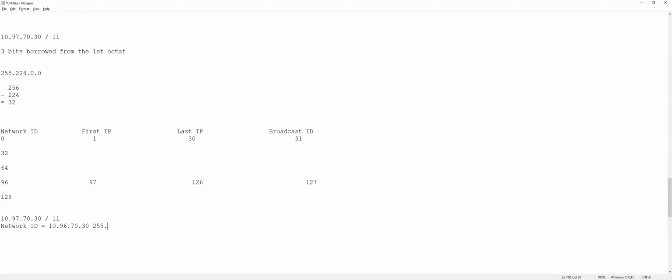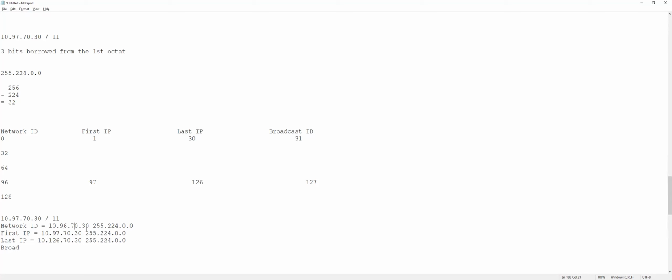Let's do that instead, just for visibility. And then the first IP is going to be 10.97, and the last IP is going to be 10.126.